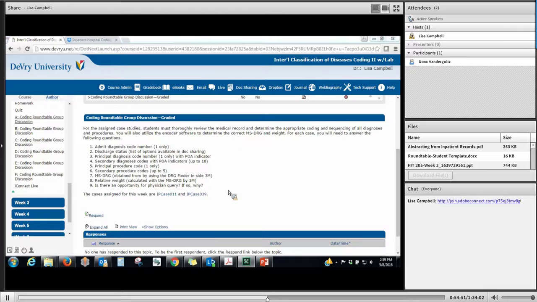Really, you read through the record and you identify, okay, why was the patient admitted? What is going to pay us our money is our principal diagnosis, which again is the condition established after study to be chiefly responsible for occasioning the admission of the patient to the hospital. So it's important that you figure out what that principal is.